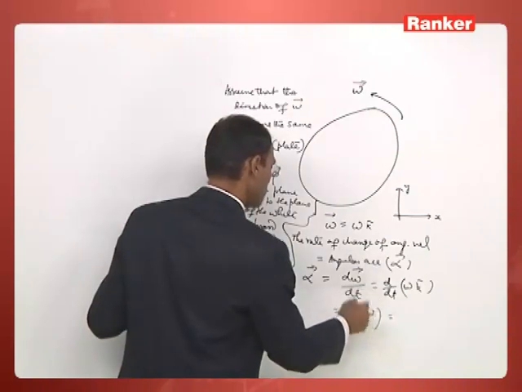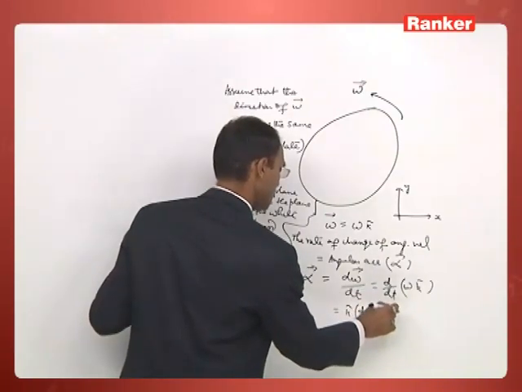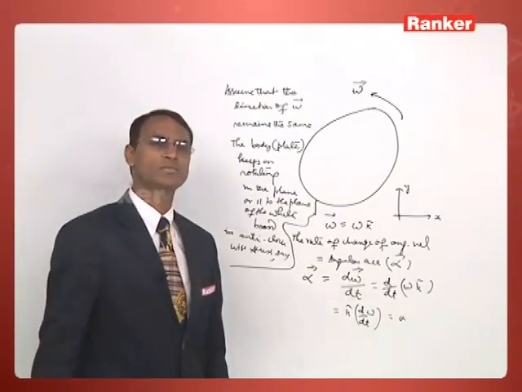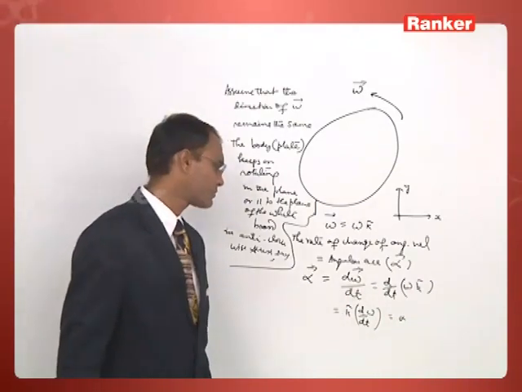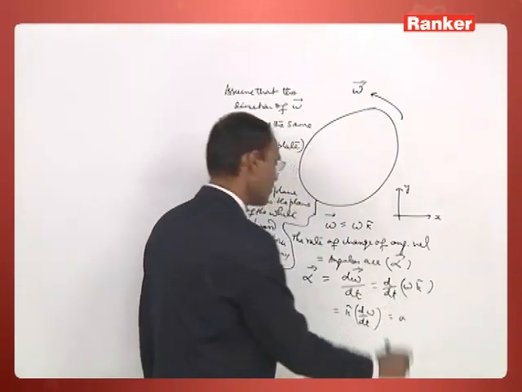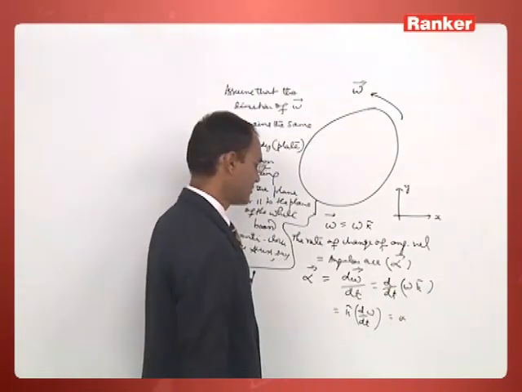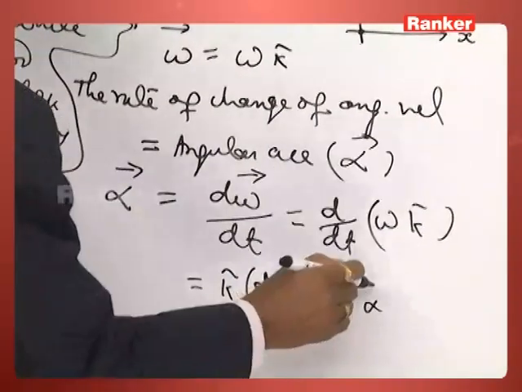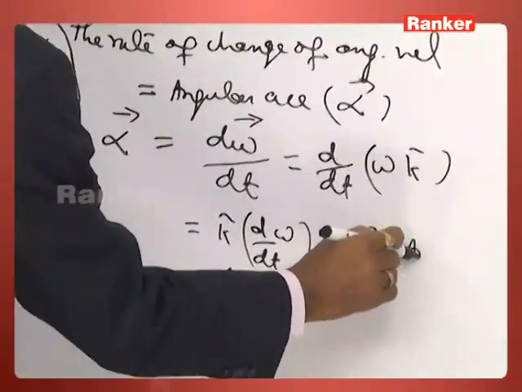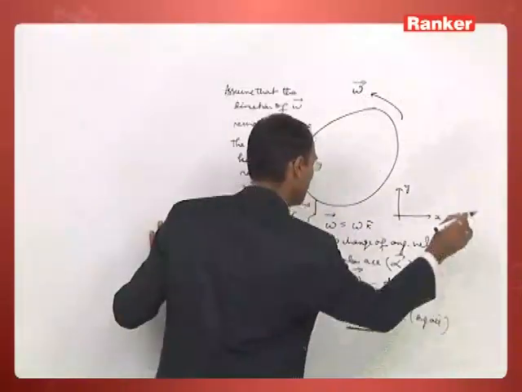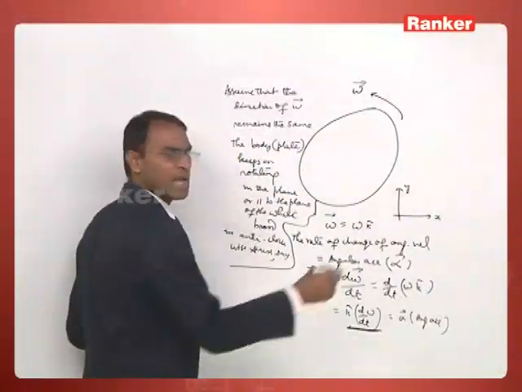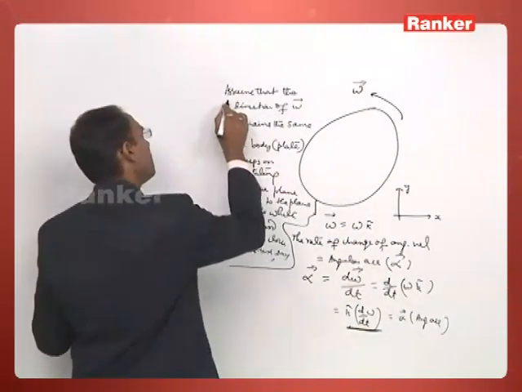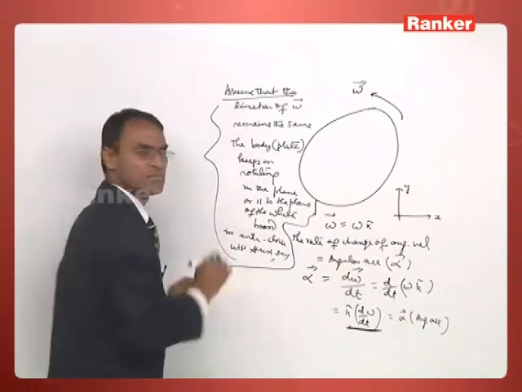Now we can call it alpha. This may give us some wrong impression. No doubt the alpha vector is the angular acceleration, but this is not the complete alpha. This is the angular acceleration based upon this assumption.